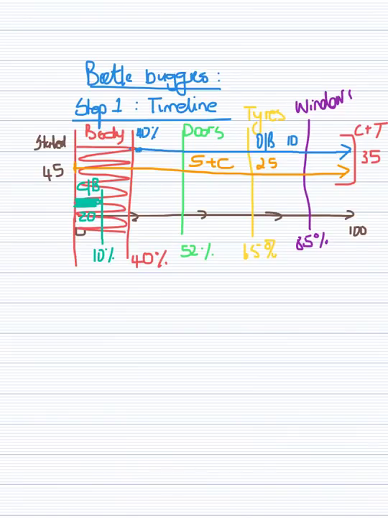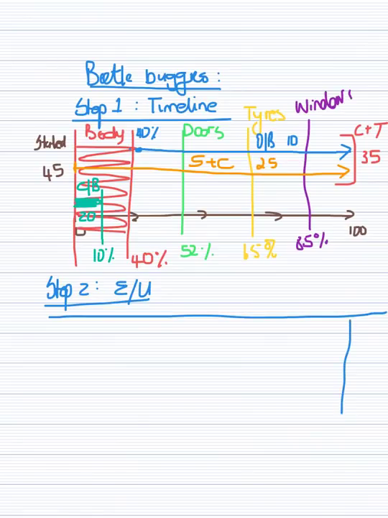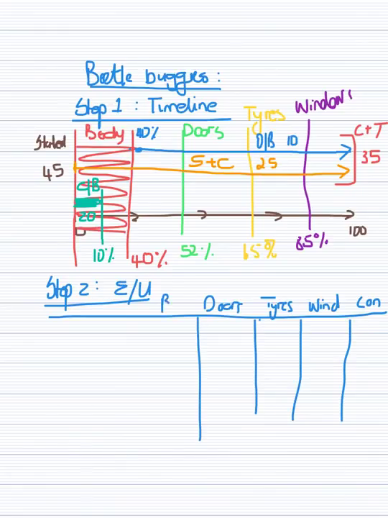So if we now look at step 2, which is the equivalent unit, what we have here is a column for conversion, a column for each material: windows, tires, doors, body parts, total, and our description.